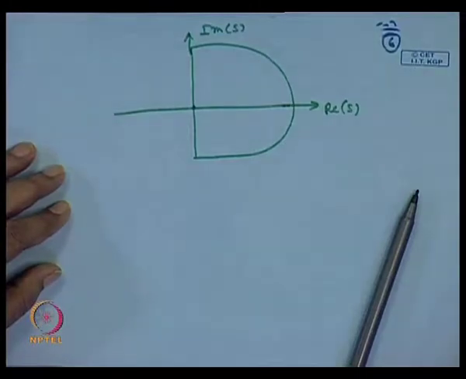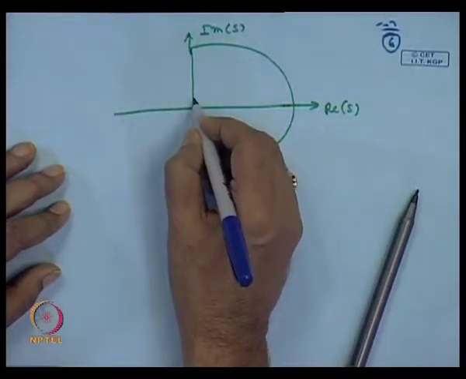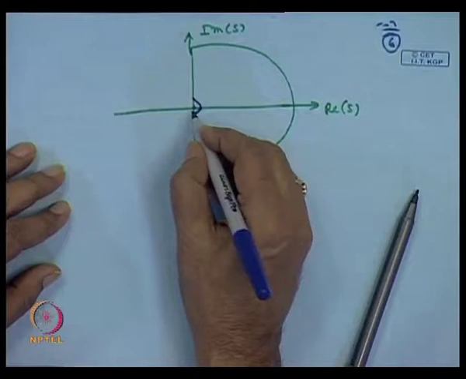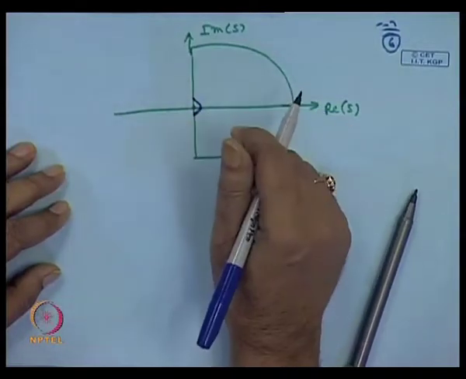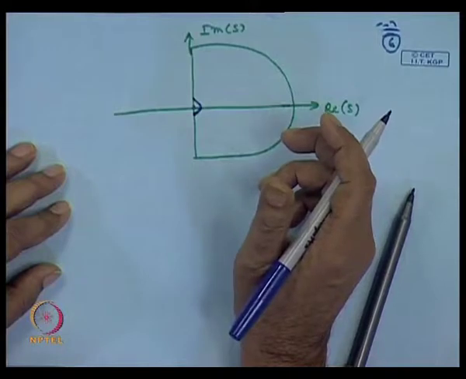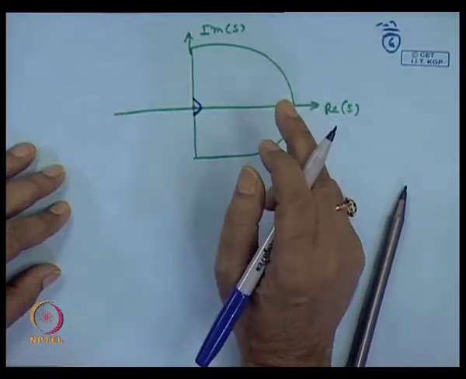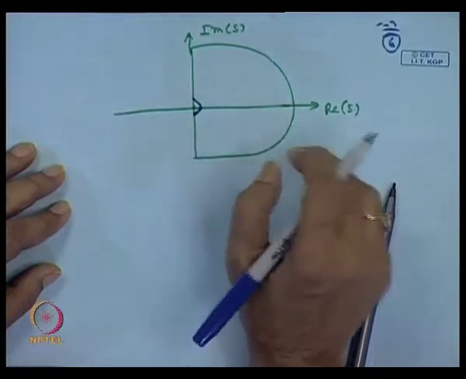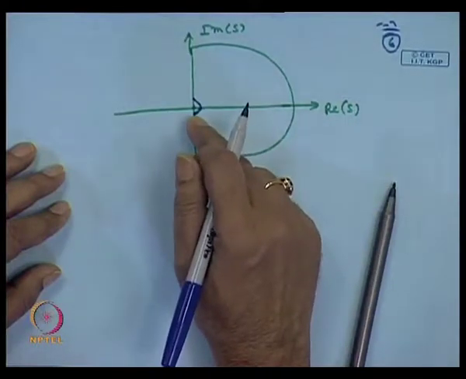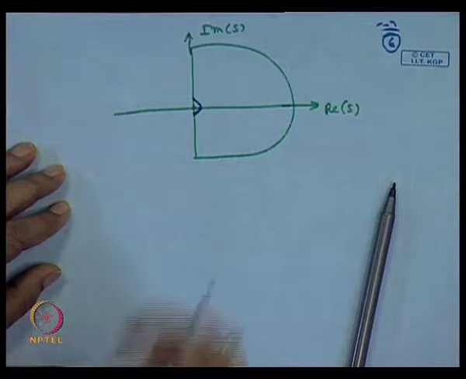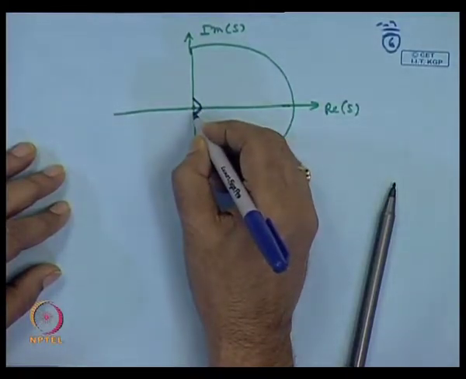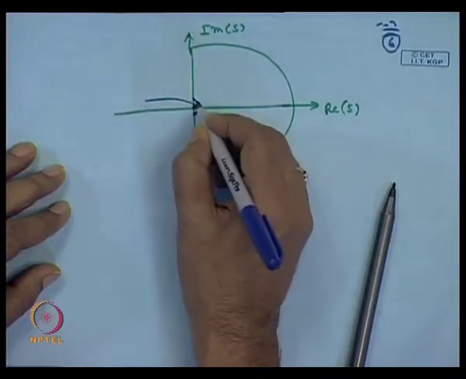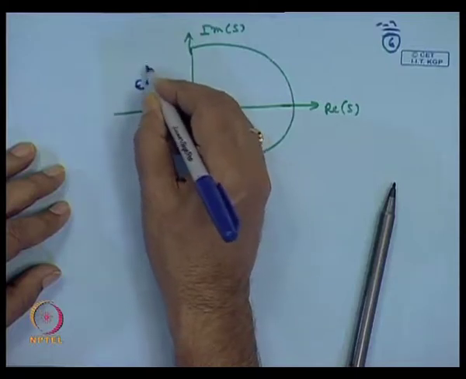If you have any pole at the origin, then you bend this curve so that the transfer function should not be infinite. For example, for s divided by s plus a numerator over s into s plus b, when s tends to 0 this becomes infinite, so we make it a small arc, epsilon e to the power j theta.